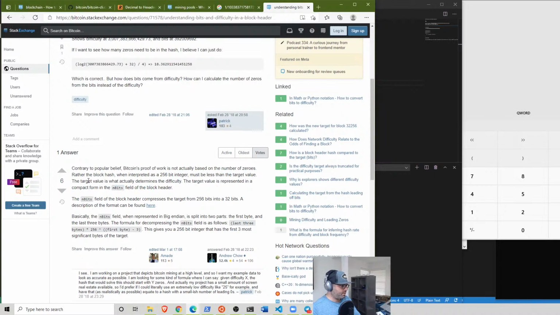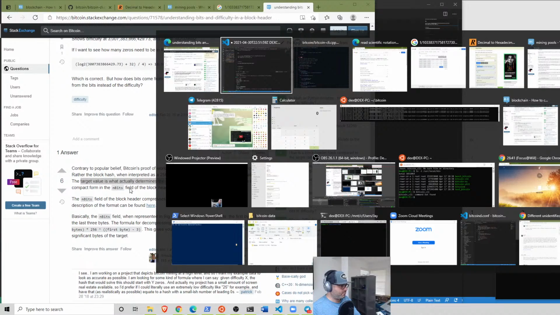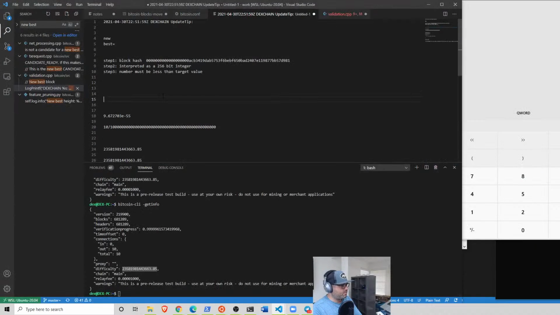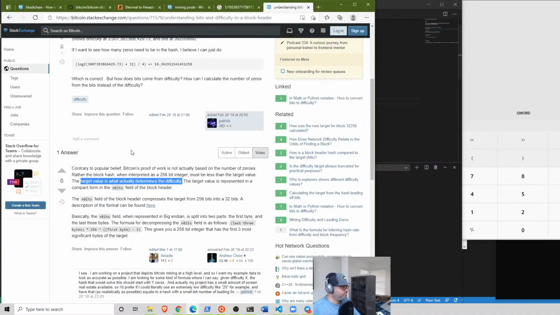The target value is what actually determines the difficulty. Okay, so this is a separate problem we're trying to solve. The target value is what determines the difficulty. So here's the difficulty. And the target value is represented in a compact form in the nBits field.